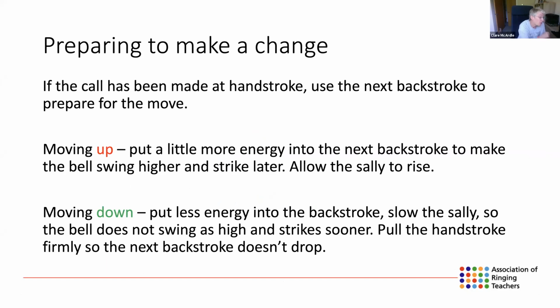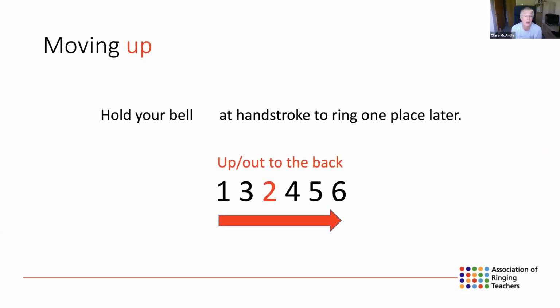To move down the row or nearer to the front, you need to ring quicker, put less energy into the backstroke, slow the sally so the bell doesn't swing as high and strike sooner. Pull that next hand stroke firmly so the next backstroke doesn't drop. And these are bell handling skills which require practice in the tower to perfect, but understanding the theory behind them will make it easier to put it into practice.